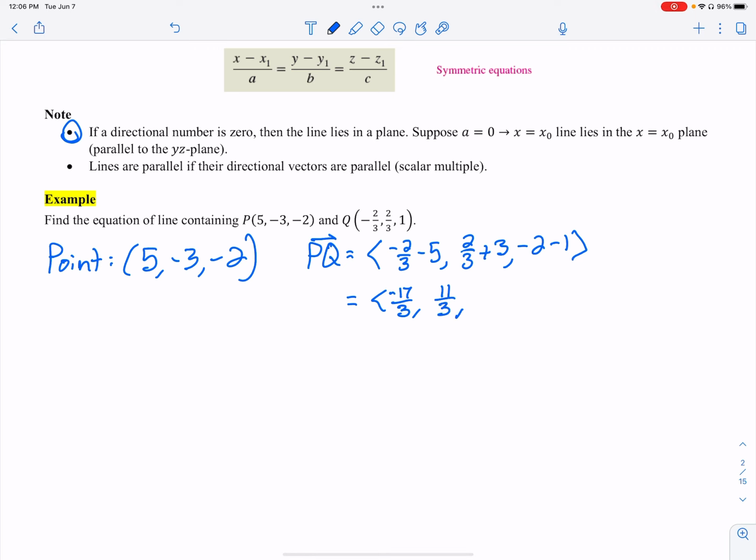You can use a calculator if you need to, and then 3. I wrote this last one down the wrong way. It's going to be there. There we go. And that's why we teach from notes. There we go. Okay, so there is my directional vector. I want to point something out, though.